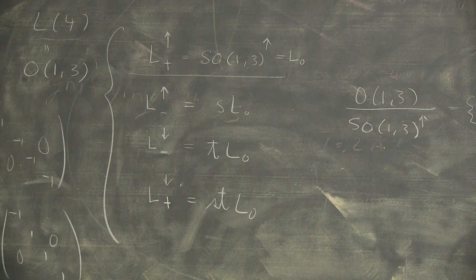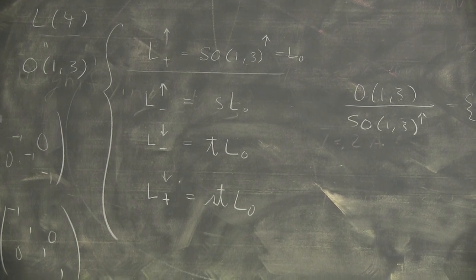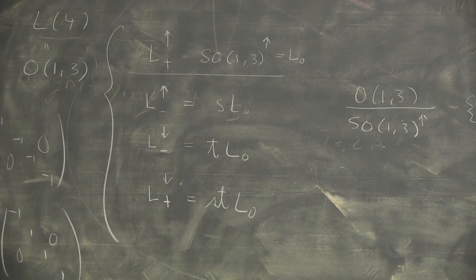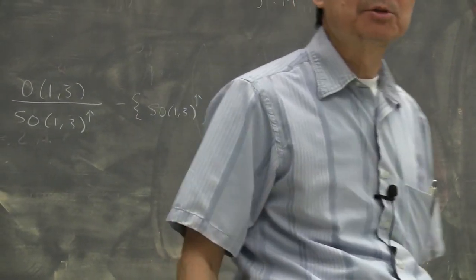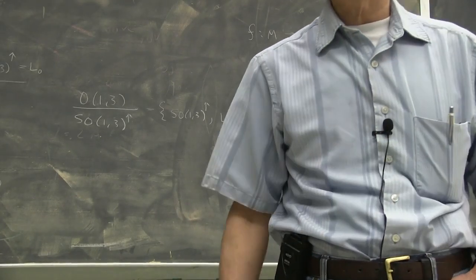Okay. Now, the next thing we saw was that we introduced this map in here, which maps things in Minkowski space to things in 2x2 Hermitian matrices. This turns out to be an isomorphism. It's a 1-1 and onto relationship.